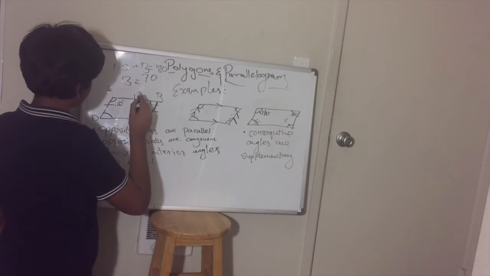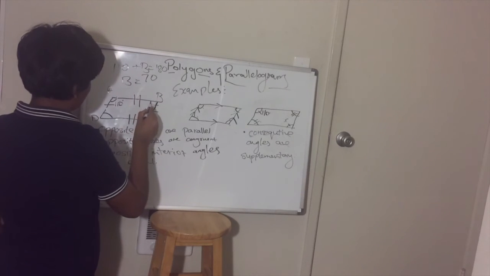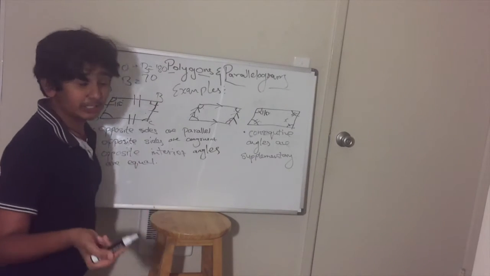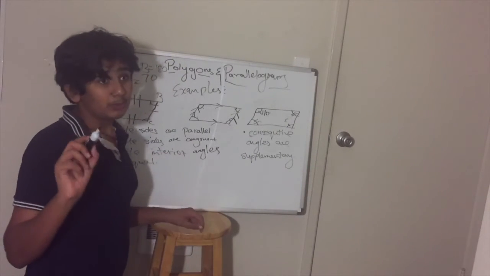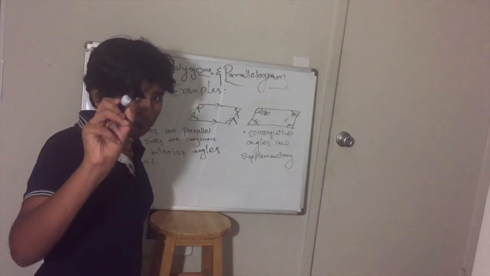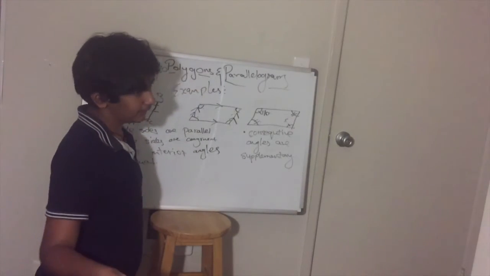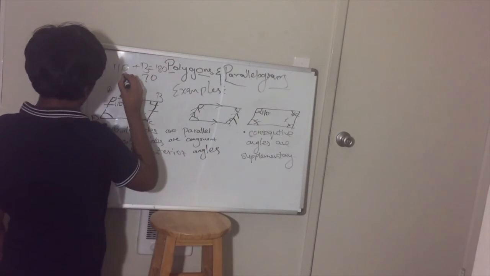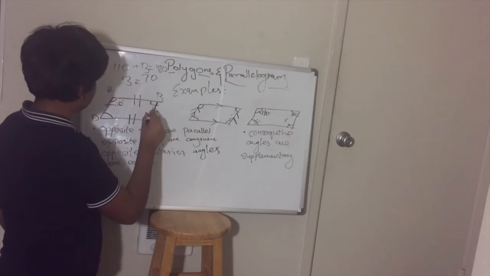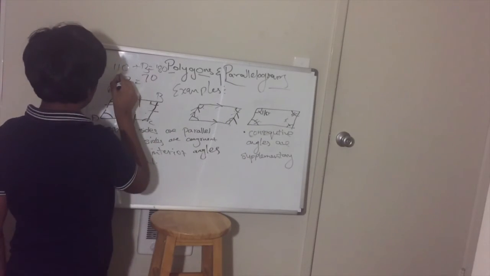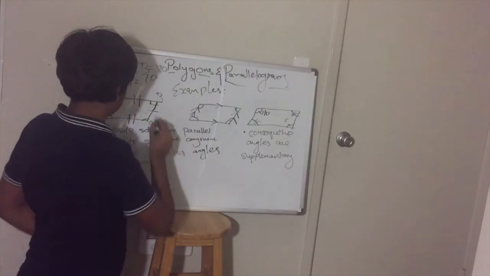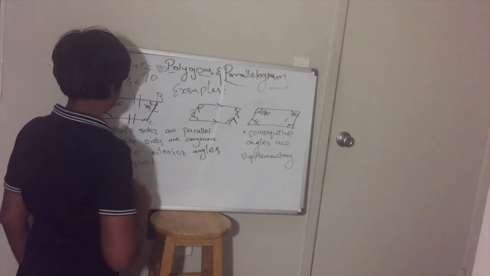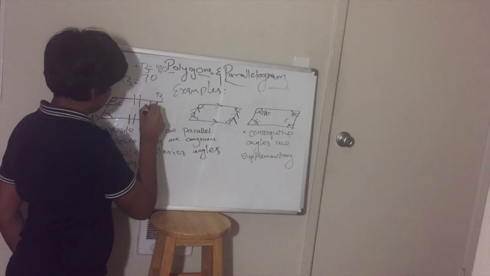As angles A and B are consecutive, they are supplementary. That means they add up to 180 degrees, whereas complementary means they add up to 90 degrees. So 110 plus angle B is 180, and if you subtract 110 on both sides, you get B is 70 degrees.